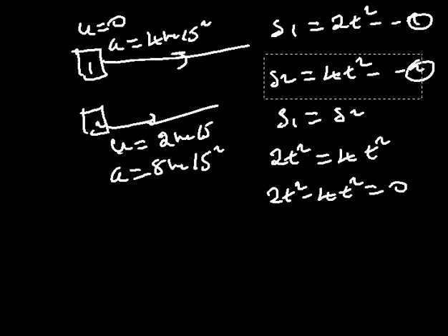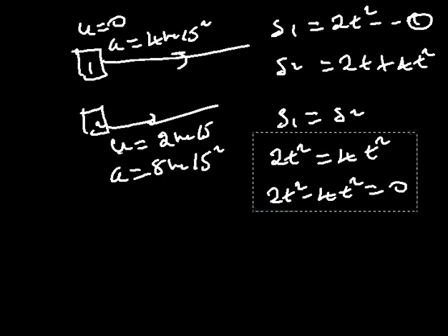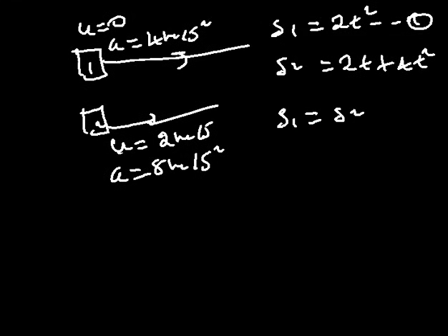It means the displacement for object 2 is S2 equals 2t plus 4t square, so 2t square is equal to 2t plus 4t square.